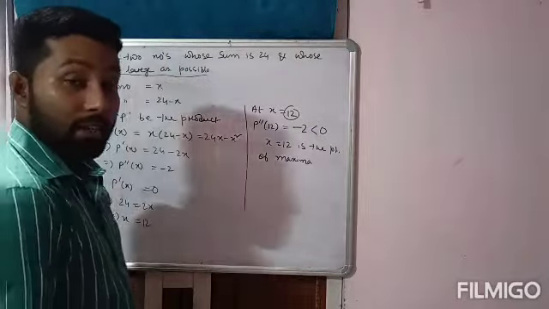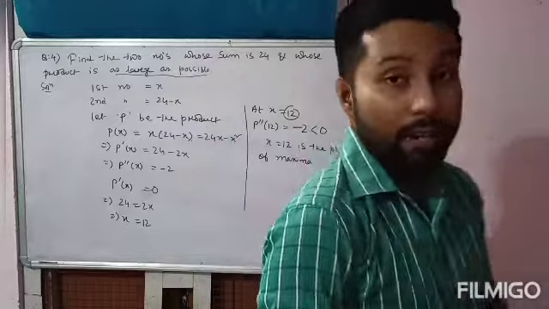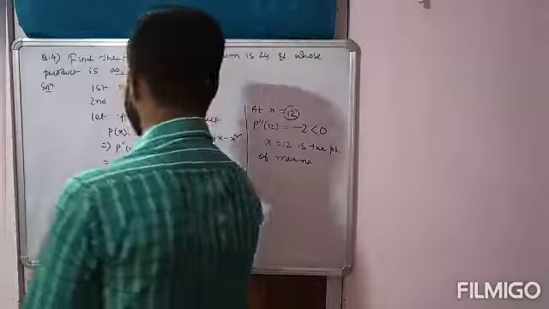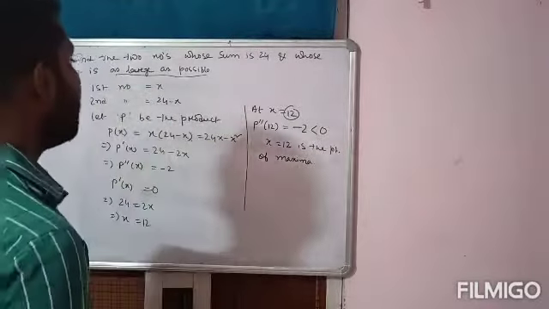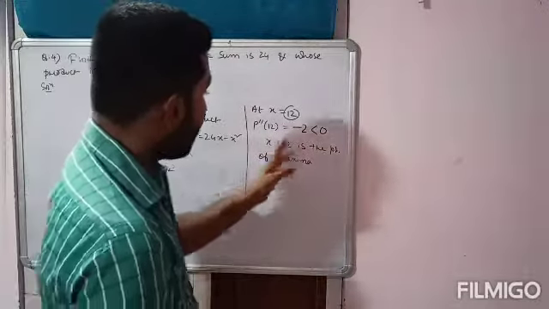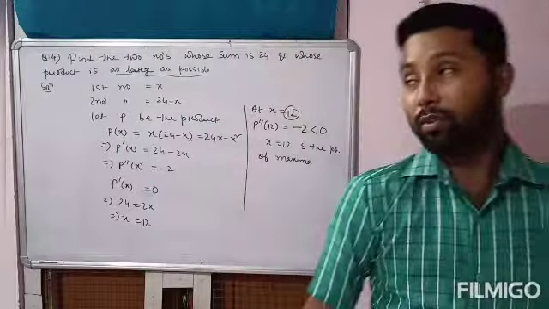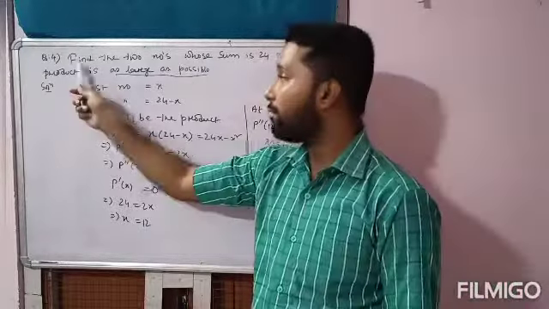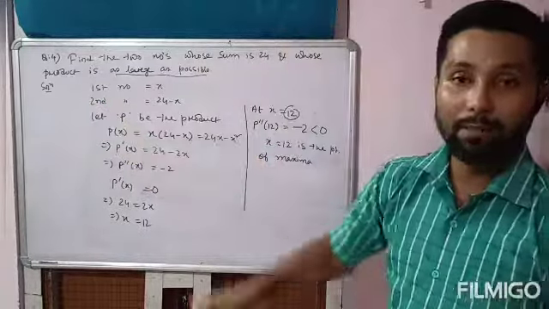Is it clear? तो मतलब ये कंफर्म हो गया कि ये पॉइंट से मैक्सिमम वैल्यू ही मिलेगा. So since x equal to 12 is the point of maxima, इसका मतलब यहां से मैक्सिमम वैल्यू मिलेगा. और क्वेश्चन में भी तो वही बोला गया है कि प्रोडक्ट इज मैक्सिमम.